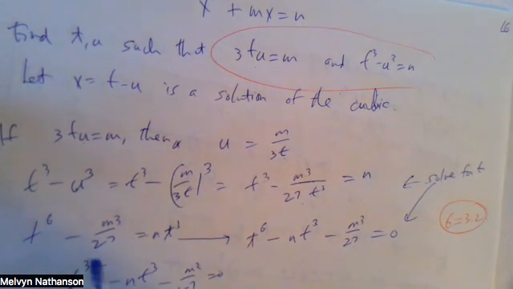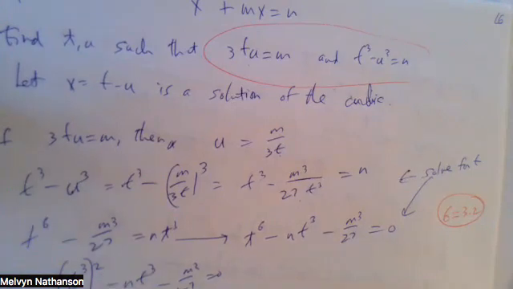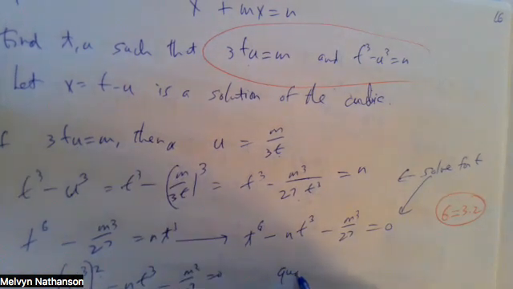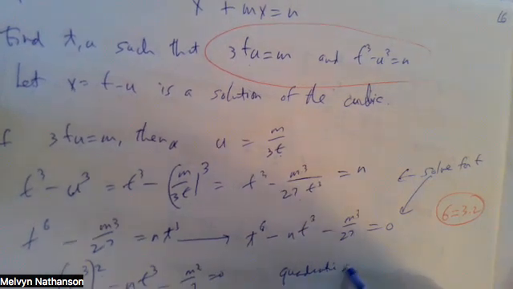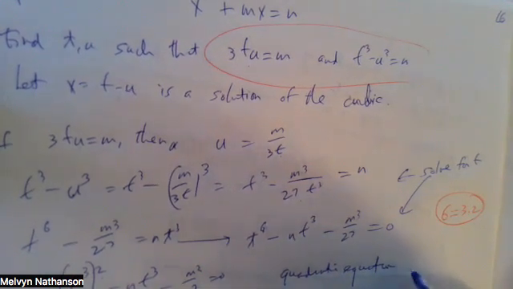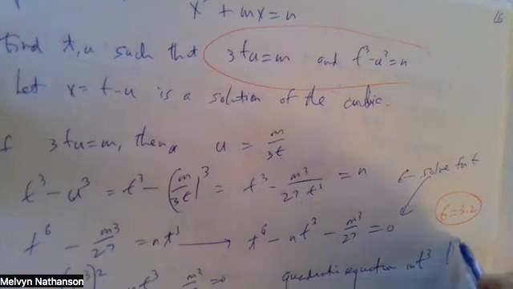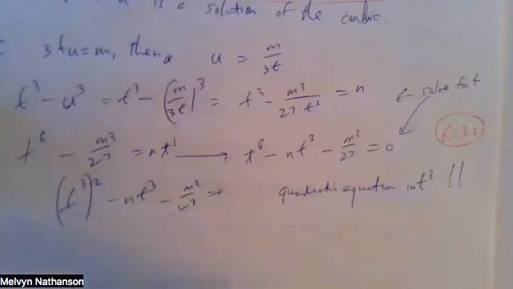And t to the 6th is t cubed squared. So if I write t to the 6th as t cubed squared, what I now have is a quadratic equation in t cubed. And I know how to solve a quadratic equation.